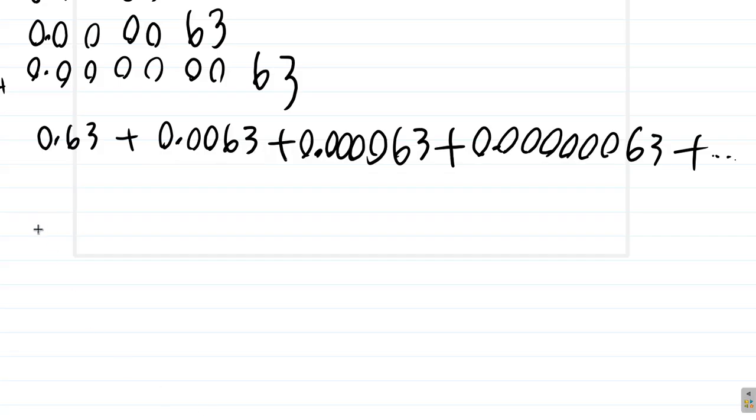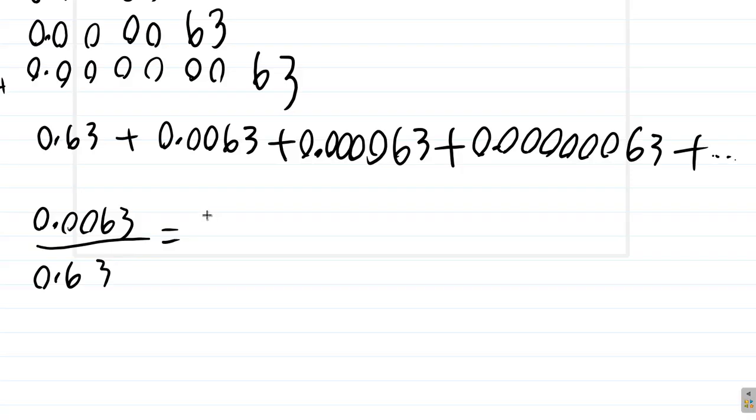What is it? 0.0063 over 0.63 is equal to, well, if we multiply both top and bottom by 10,000 and then cancel down, what do we get?